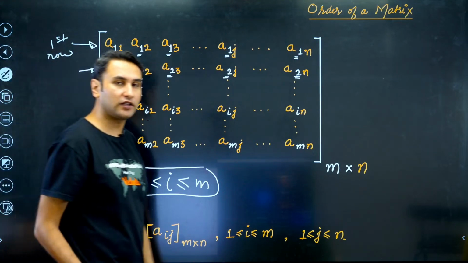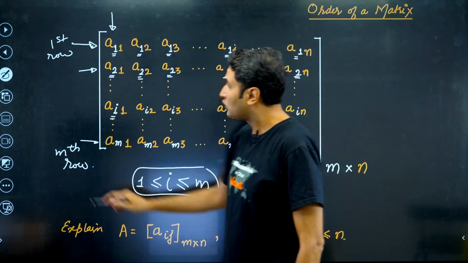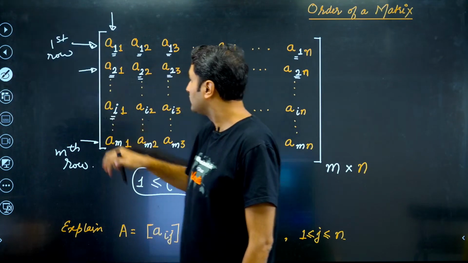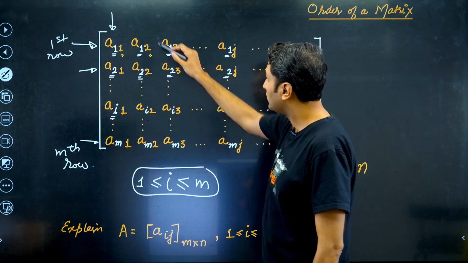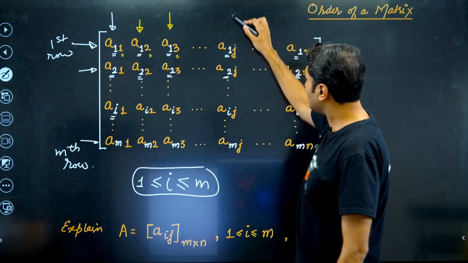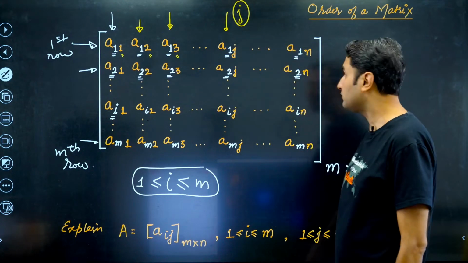Now similarly look at the column. This is the first column. Column is represented by the yellow number. So see, the yellow number: the first column, second column, third column, jth column. So this is the variable j. Let's say this is the jth column, right?